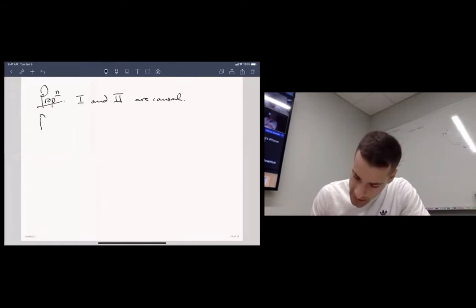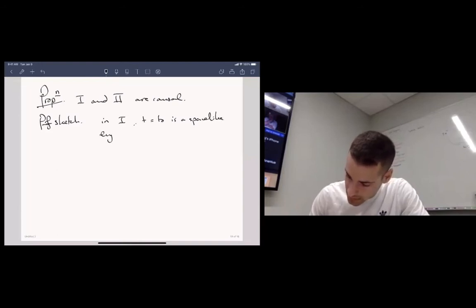Okay, and the proof sketch is just a sketch. But basically, in one, so you could do the proof individually for regions 1 and 2, but in one, T equals T0 is a space-like hypersurface. You can see that by taking the metric and restricting to a T equals 0 slice. This is easy to show.